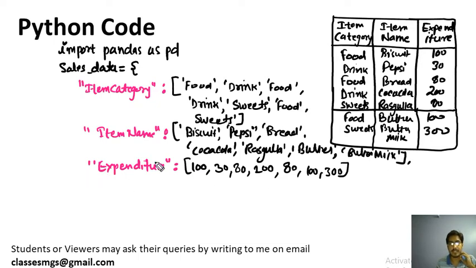You will have the comma here, because comma is necessary, otherwise it will not work. This is the dictionary closed. Now we will create the data frame using this. Let's suppose I am creating the data frame with the name sales quarterly.